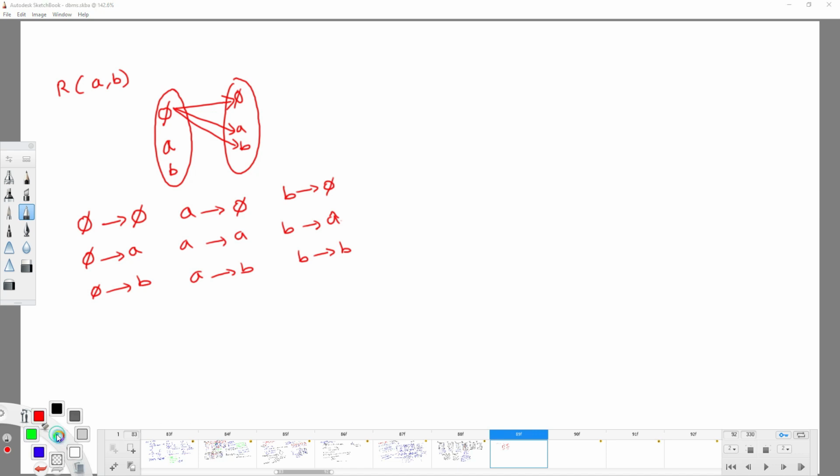Meaning that what I have written here, I have written all possible functional dependencies. But in this I can say that all functional dependencies are not valid functional dependencies.